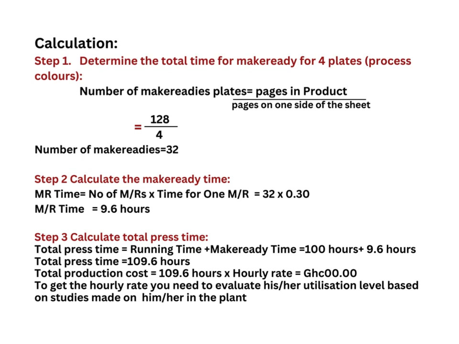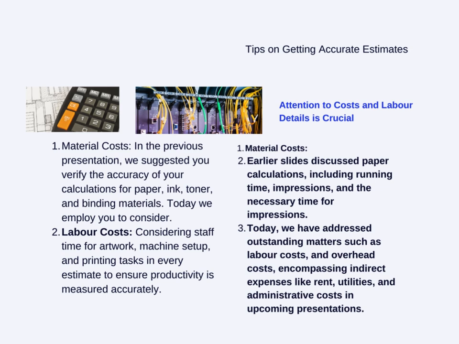And from there, you are able to get an hourly rate for the attendant or the printer. That is how serious the whole thing is. And I'll engage you another time on the specifics of those things. Okay, move on to the next slide.